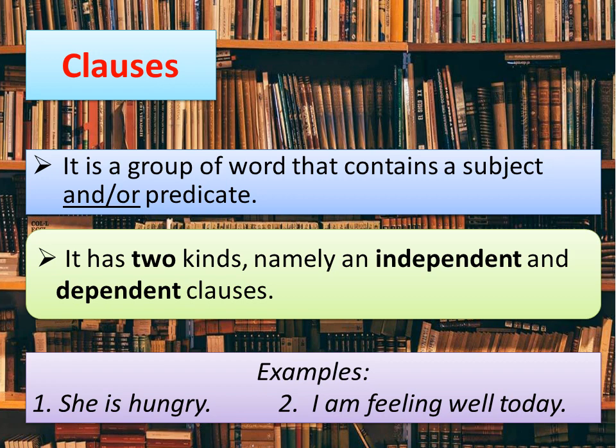A clause is a group of words that contains a subject and a predicate. So it has two kinds, namely an independent clause and a dependent clause. The independent clause and dependent clause were already mentioned last week, so we will discuss them thoroughly today. Okay? So we have here two examples of clauses.